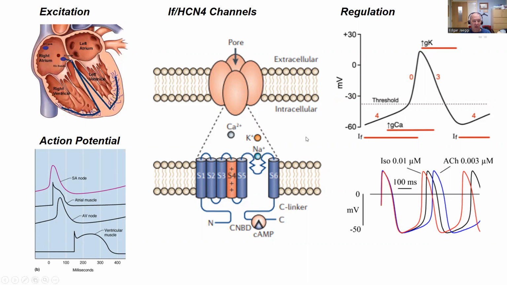Each subunit consists of 6 alpha helical transmembrane segments, S1 to S6, as well as intracellular N and C termini. The C terminus is the connection site of cyclic AMP, which regulates the current of ions through the central pore.